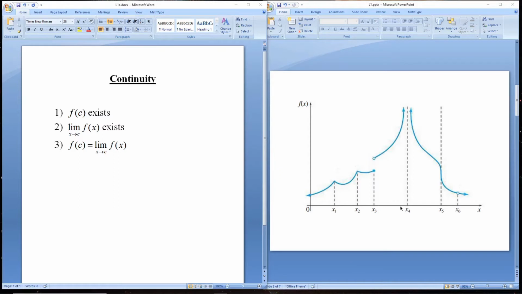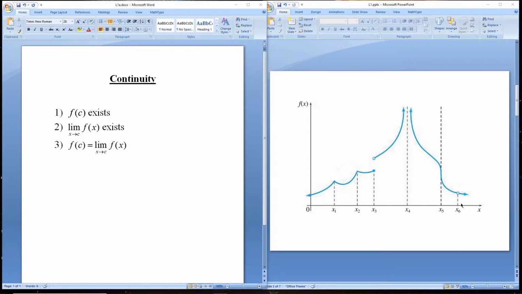And what about x sub 4? Why is this discontinuous? Well, the function doesn't exist at vertical asymptotes because that's division by 0. So the function doesn't exist. And also the limit doesn't exist. This is a limit we would say is going to infinity.